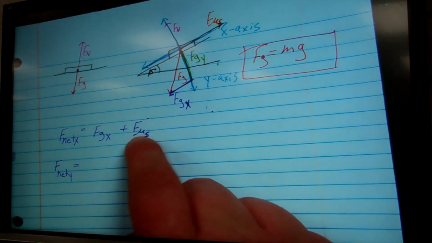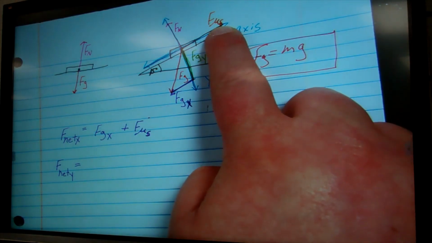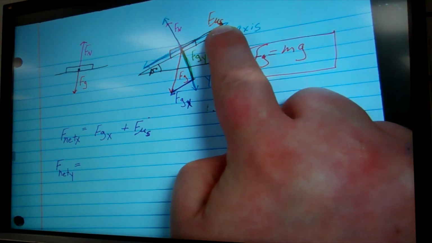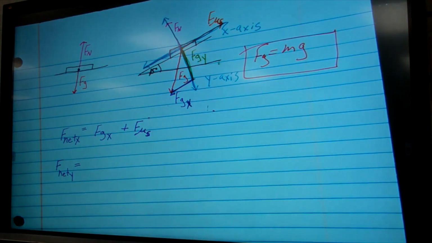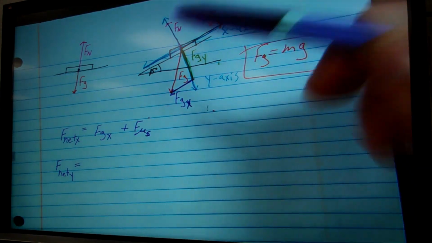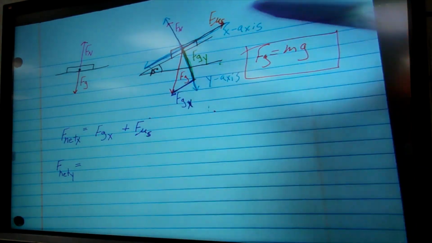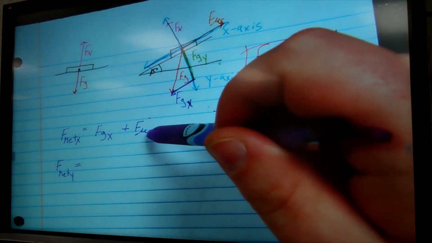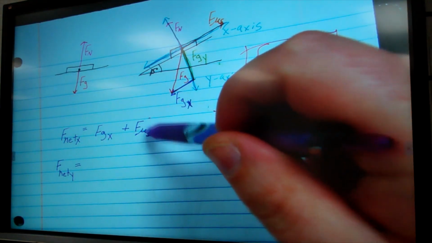Okay, the other thing going on in the x direction is the force of static friction. That's everything happening in the x direction right now. The only thing is, I don't know whether it's moving or not. This right here would tell me whether it's moving down or up the ramp. Here's where everything becomes very interesting. What is static friction equal to?